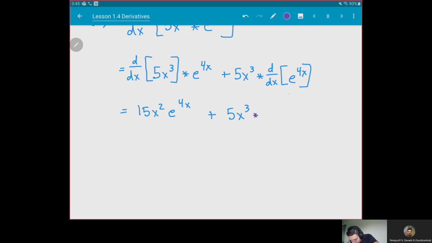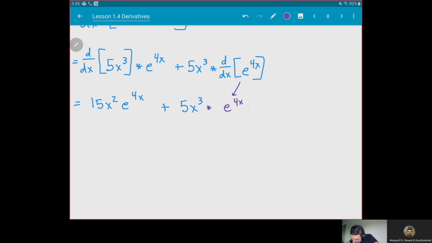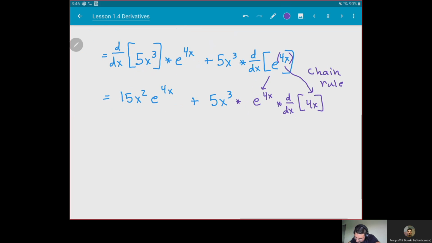The derivative of e to a power is an exact copy of e. Boom. Times the derivative of the exponent. Think of the exponent as a parenthesis. So that's chain rule. Never goes away. So you definitely want to be careful about that.